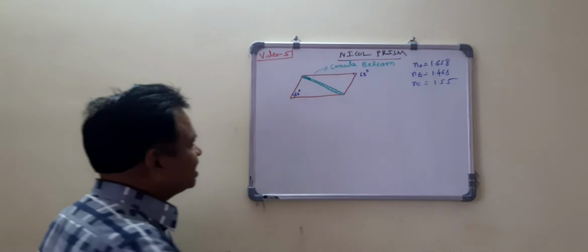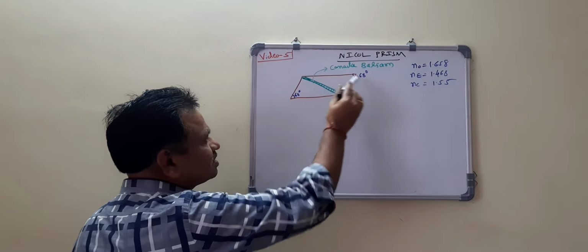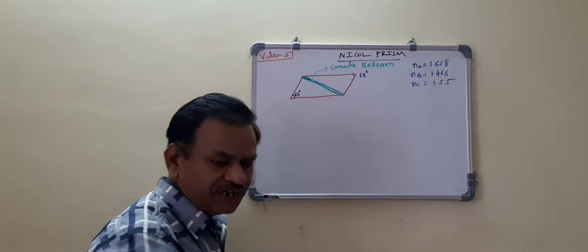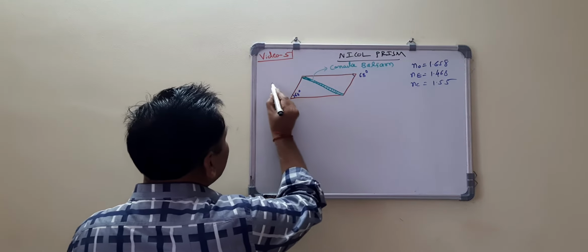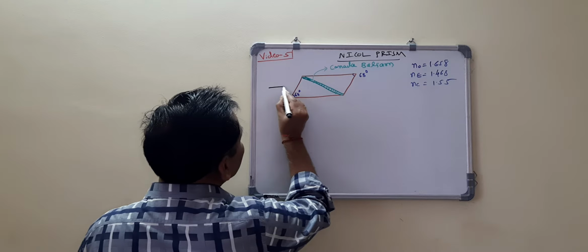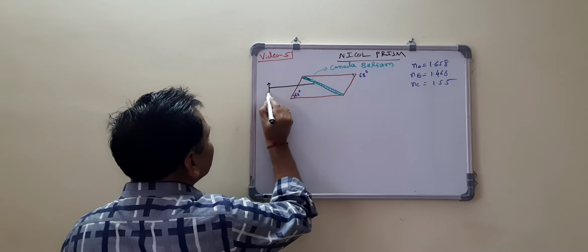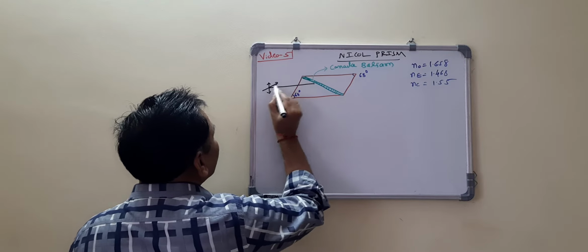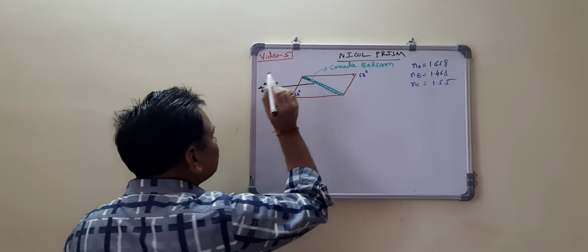Okay. Now this is the Canada balsam layer. This is 68 degrees and this one, as I told you, is 112 degrees. Now unpolarized light is incident on this. Why is it called unpolarized light?